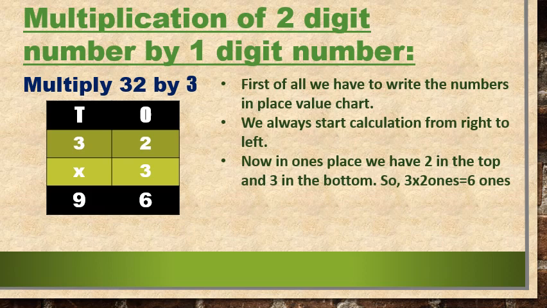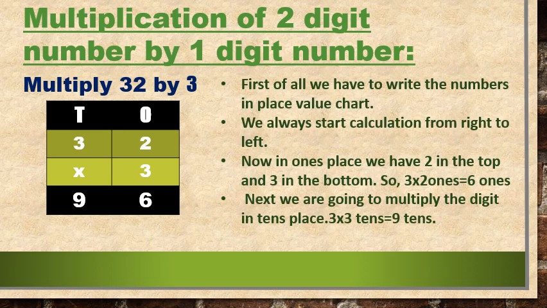So, we can say that 3 times 2, or 3 into 2 ones. Okay, so 3 into 2 ones gives us 6 ones. Got it? So we are going to write 6 in ones column.